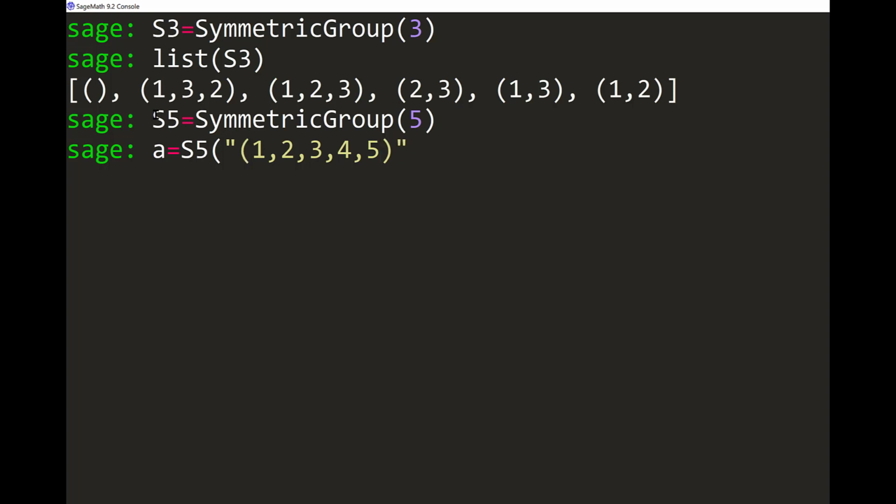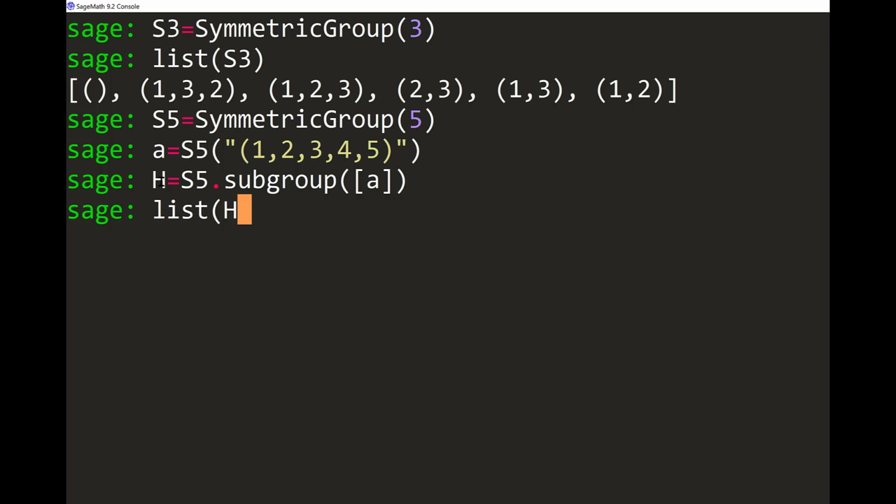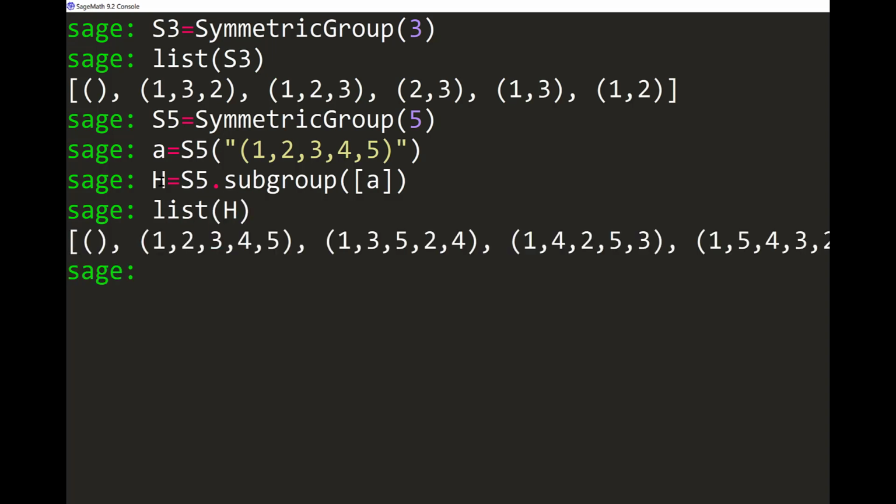Order 5 means the subgroup generated by A will have 5 elements. So let us define H as the subgroup generated by this element A. And as you would expect, if you list H, we have 5 elements in here.